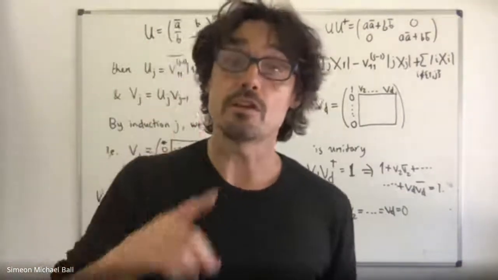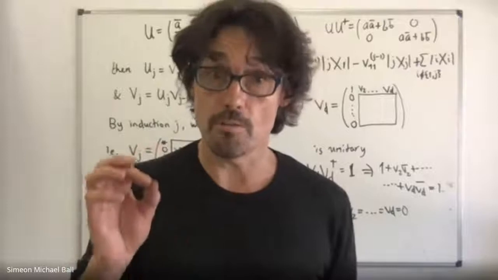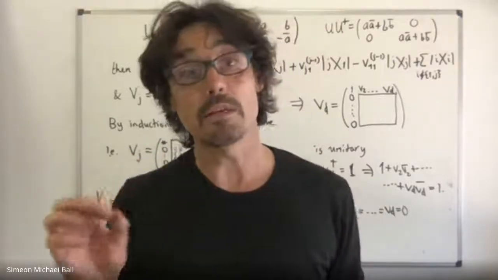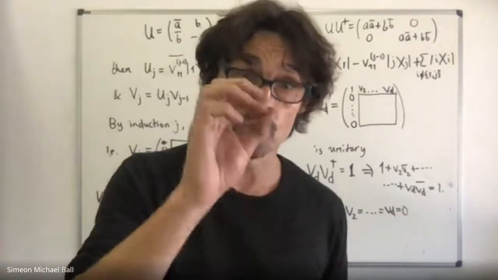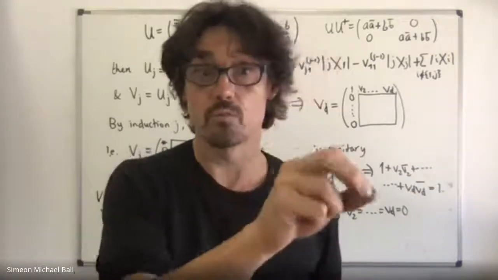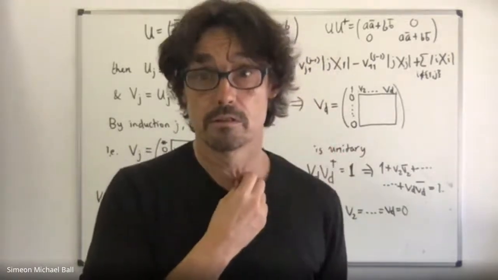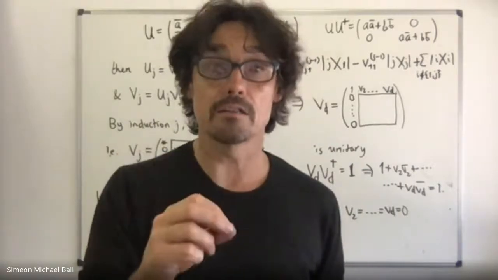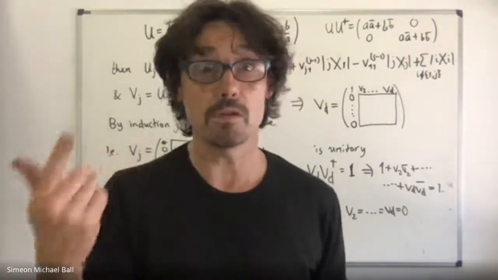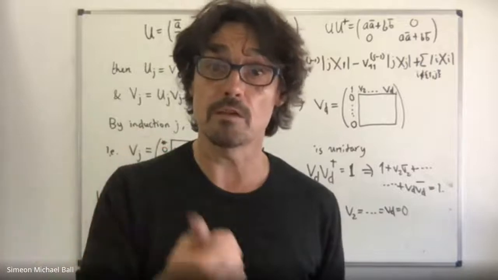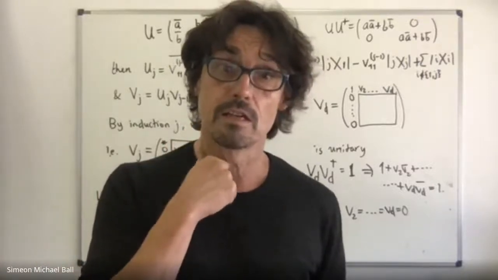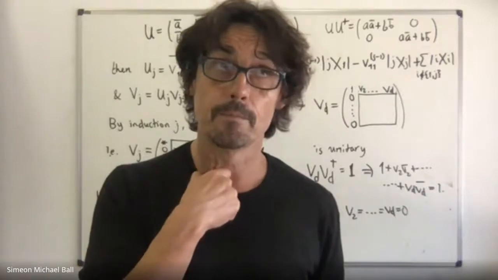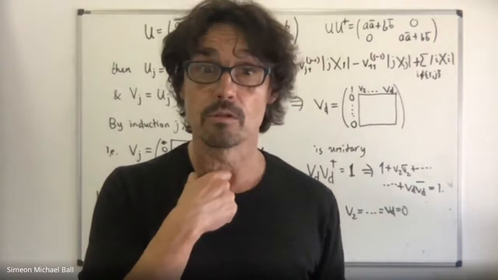We need to show that a two-level unitary operation can actually be implemented with Toffoli and controlled U, and a unitary on just one qubit. Once we've done that, I think we've pretty much proved that we can implement a single qubit operator, and together with the C naught, that will do it.